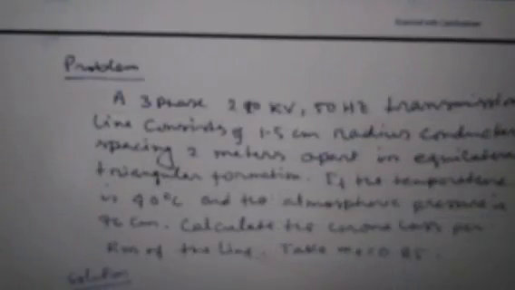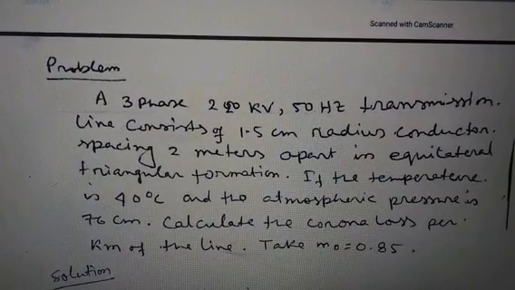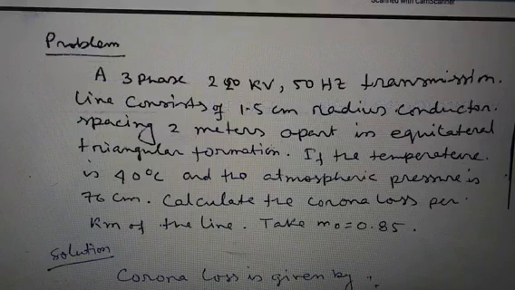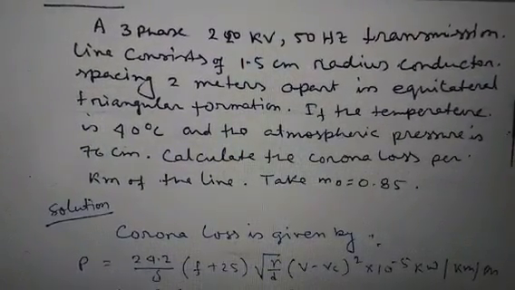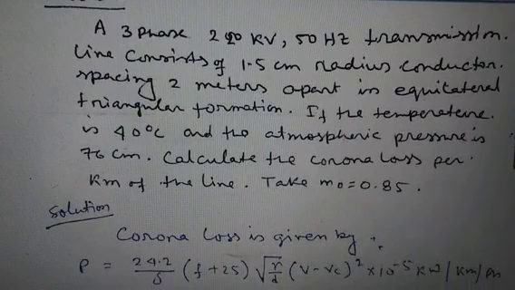Now, a problem related to the corona. A 3-phase 220 kV 50 Hz transmission line consists of conductors of 1.5 centimeter radius, spaced 2 meters apart in equilateral triangular formation. If the temperature is 40 degrees and the atmospheric pressure is 76 centimeter, calculate the corona loss per kilometer of the line.